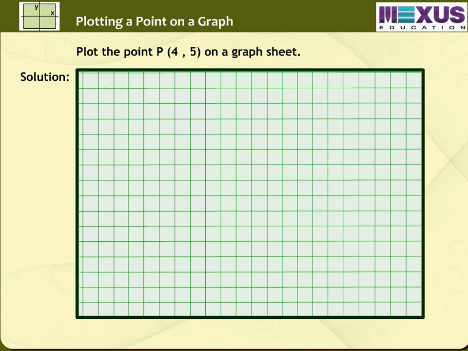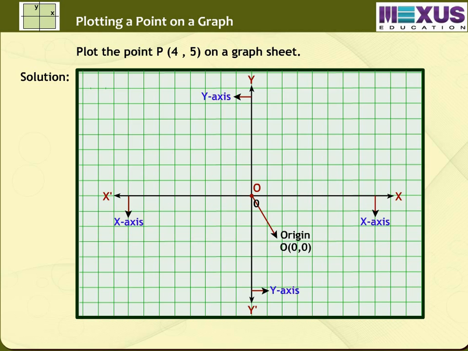Solution. Draw X'OX and Y'OY and let them cut at the origin O. Mark the numbers on the axes such that X'O and OY' have negative numbers, and OX and OY have positive numbers. The given point is P(4, 5).